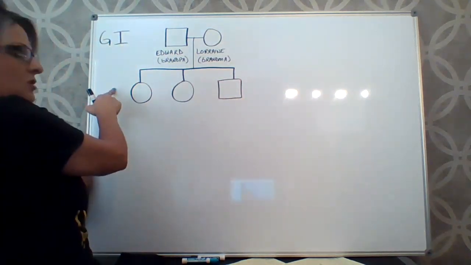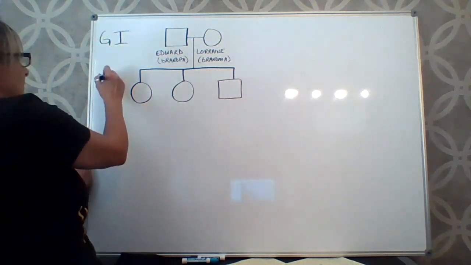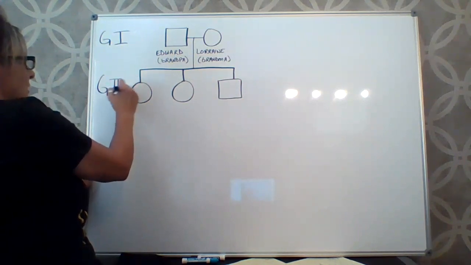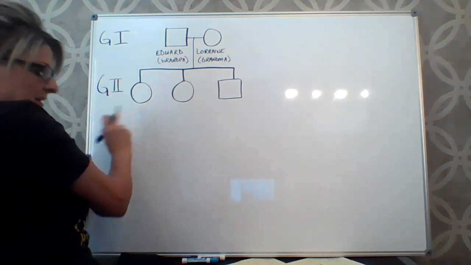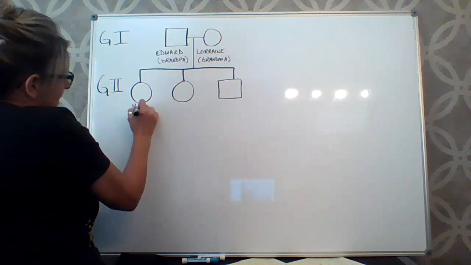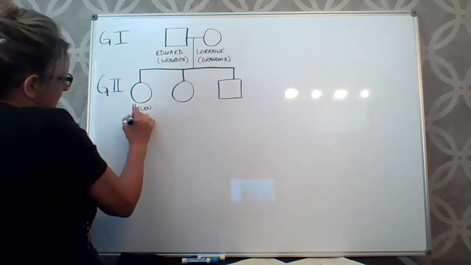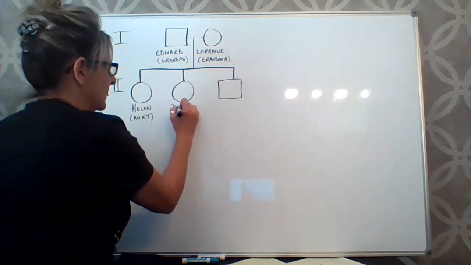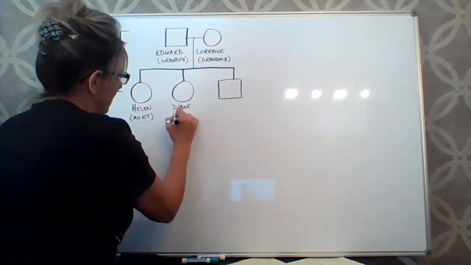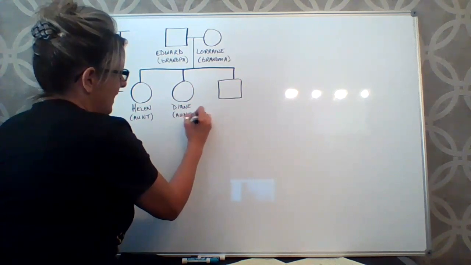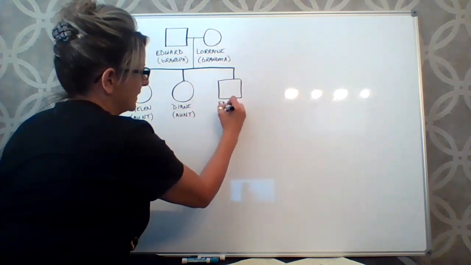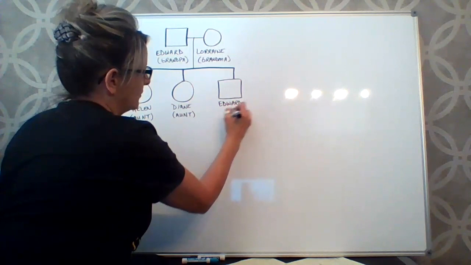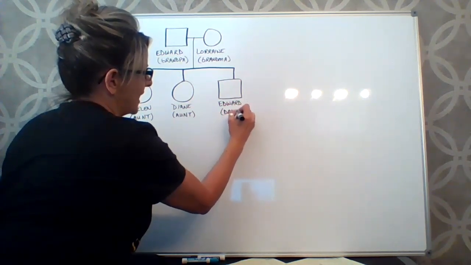Now this, as you might have guessed, I am starting G2, or my second generation. Now this happens to be Helen. She is my aunt. And this happens to be Diane, who also happens to be my aunt. And this happens to be Edward, which happens to be my dad.